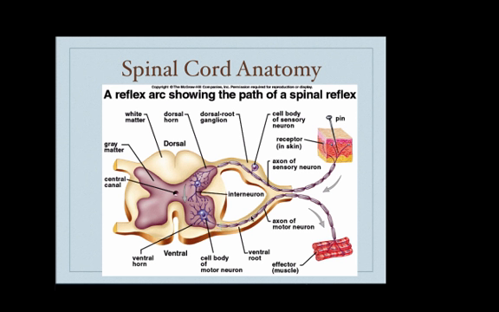Here's the myelinated axon of our motor neuron, leaving the spinal cord through the ventral root, again winding up in the spinal nerve, and then heading out to the effector, which in this case is a muscle. When you get poked with a pin, the response is to quickly pull your muscle away.